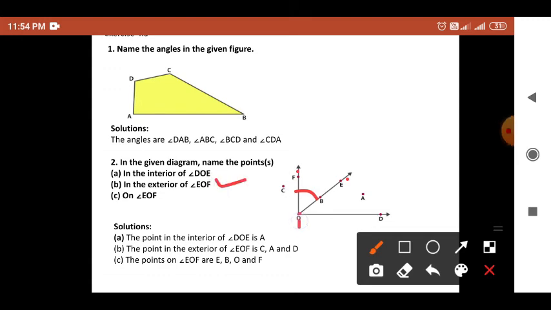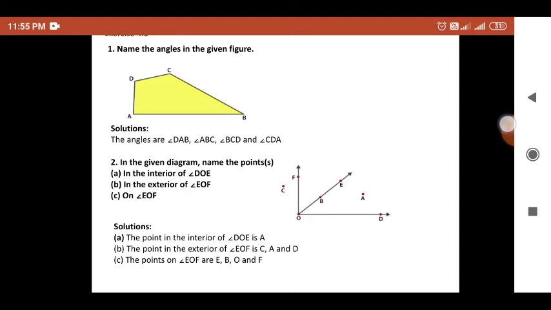Exterior means outside part. C. So C, and see, A also is outside only. For this DOE it is inside, but for angle EOF it is outside. Point A is outside of this EOF. So you can write A also, and D also outside, right?